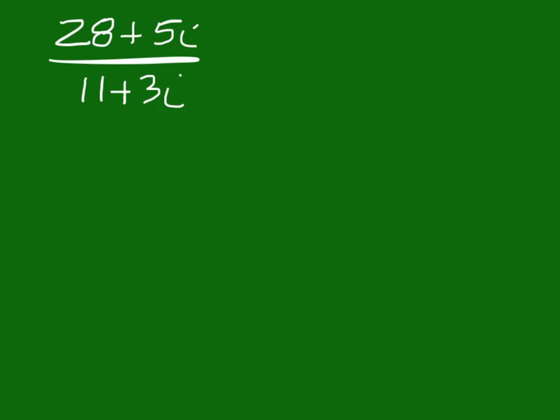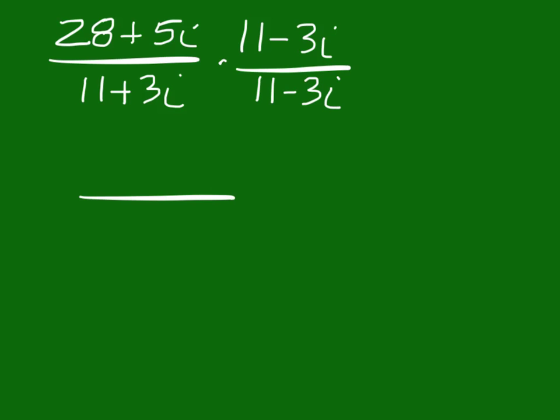What must we multiply the top and the bottom by? 11 minus 3i. Alright, so on the bottom, remember that the middle terms will cancel out, so you'll have a 121 and then a minus 9i squared, which is a plus 9.